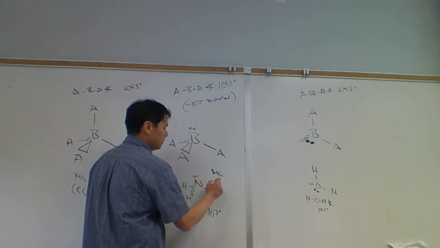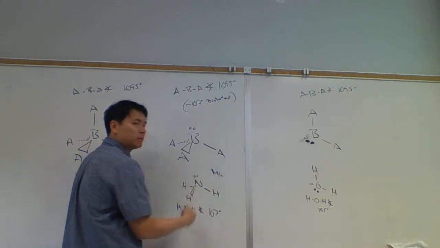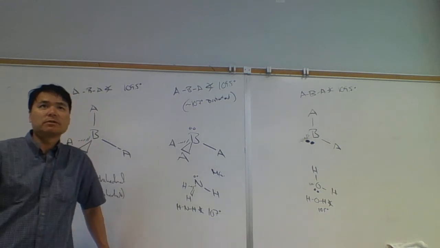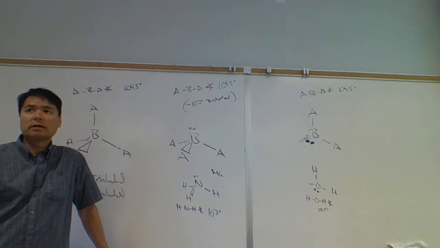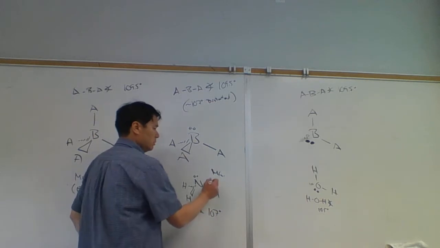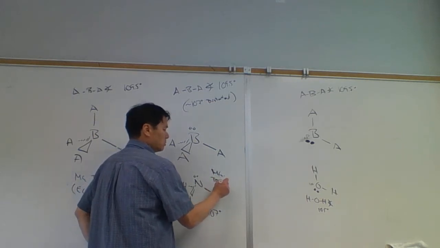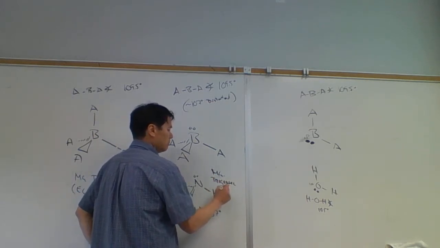Yeah, pyramidal, but not a square pyramid like the pyramids of Egypt. The pyramids of Egypt are square pyramids because they have a square base. This has a triangular base, so we call it not square pyramidal, we call it trigonal pyramidal.